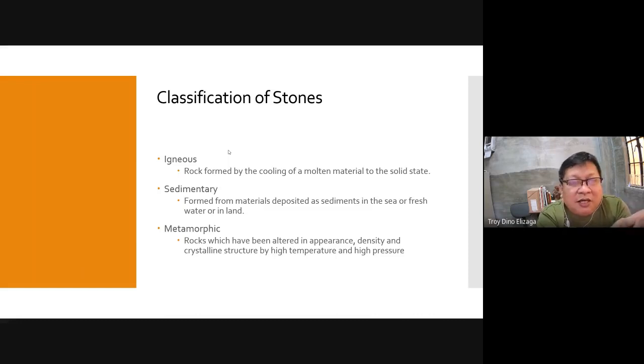Okay, and then much later they're broken down into pieces because they deteriorate throughout time, and so they become like sediments, and then they are compressed, and through time they are bound also by chemicals, and then they again form into another rock. So this time it's a sedimentary rock.